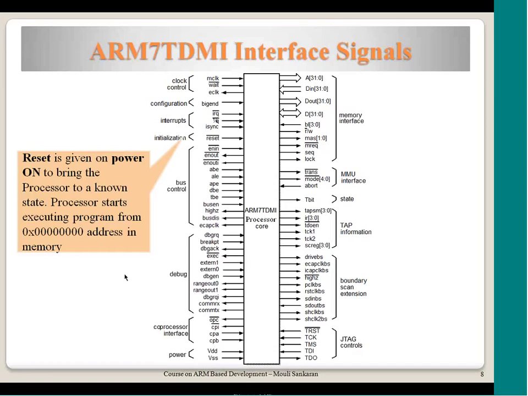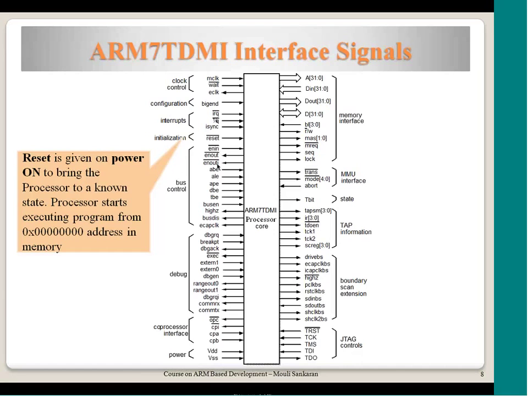Now, one thing we should remember is that when the processor is powered on, it has to start from some known state. That is, a processor needs to get a reset signal. So there is an input signal going into the processor core, which is reset bar. It is represented as nRESET, or in a signal description it will be shown as reset bar.